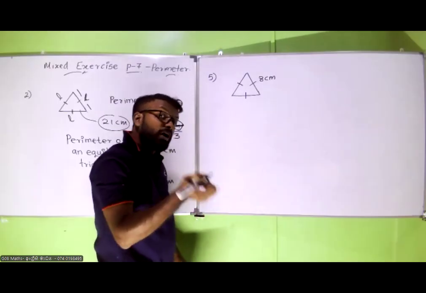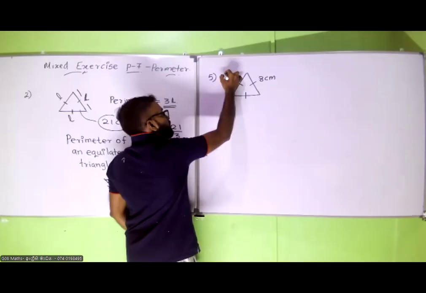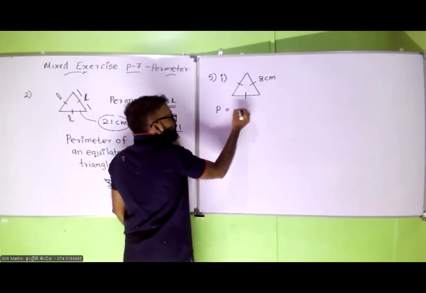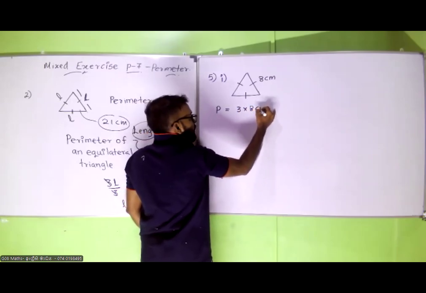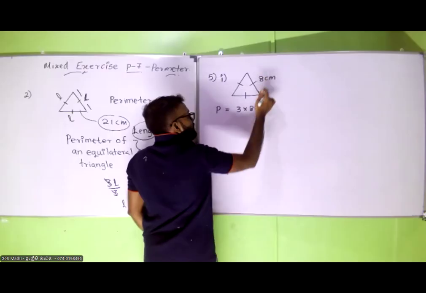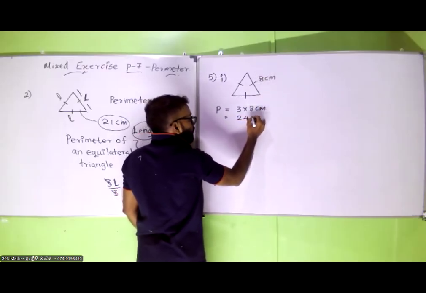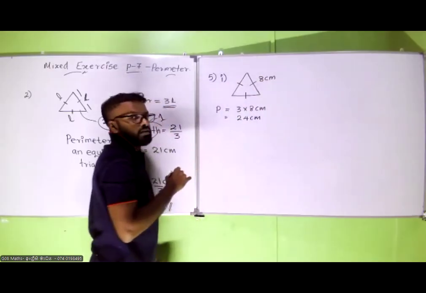Then they are saying find the perimeter of this equilateral triangle. So this is the first part. I can write perimeter equals 3 times 8 because we have 3 sides, each side length is 8 centimeters. So 3 into 8 means 24. 24 centimeters is the perimeter of this equilateral triangle.